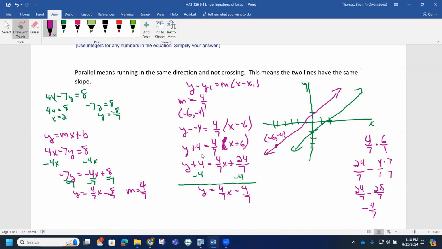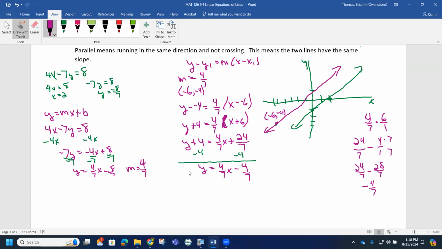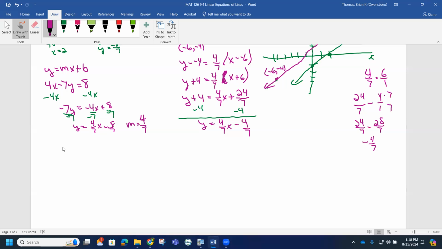Now, to be in standard form, there cannot be any fractions. So one of the things I have to do to put it in standard form is remove fractions. They want ax plus by equals c. The only thing in the denominator is the 7.